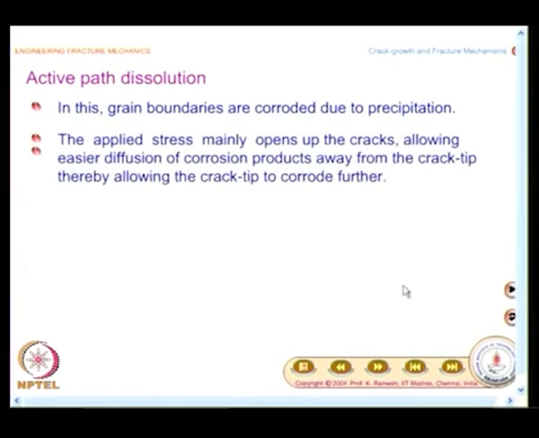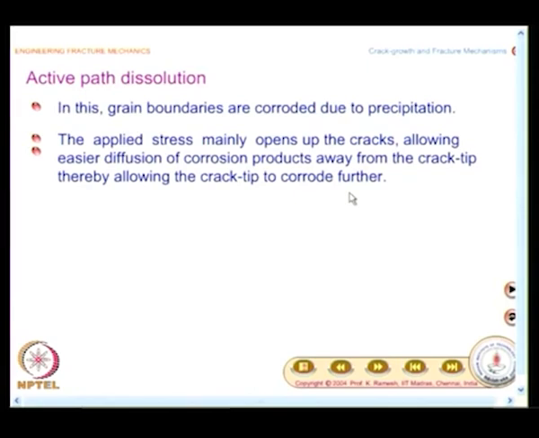What happens here? In the case of active path dissolution, the grain boundaries are corroded due to precipitation. So, this is the mechanism. What really happens is the applied stress mainly opens up the cracks, allowing easier diffusion of corrosion products away from the crack tip, thereby allowing the crack tip to corrode further.